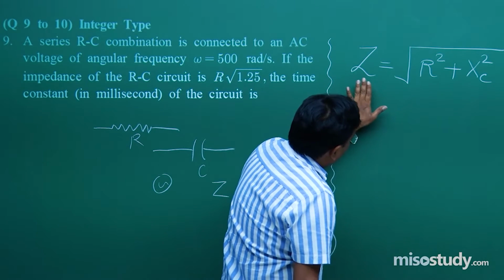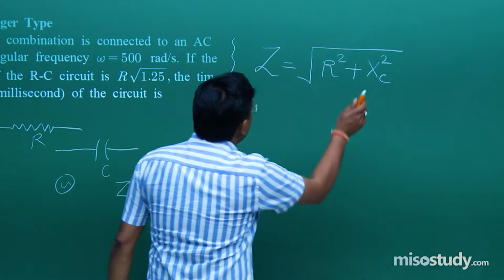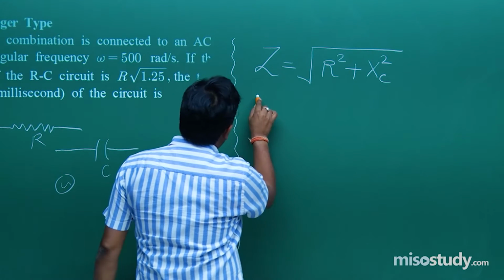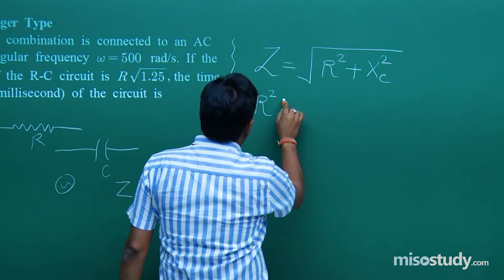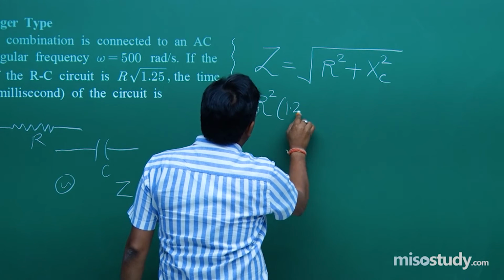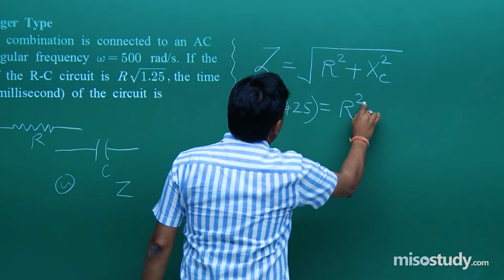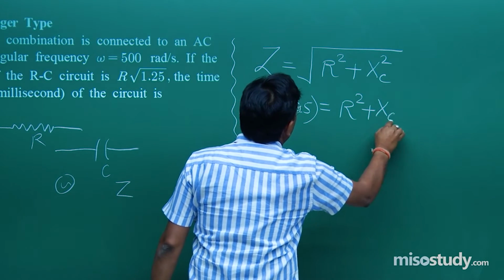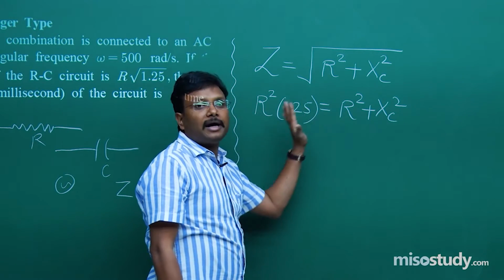So in place of this Z, I can put this R value. So I can say R square into 1.25 is equal to R square plus XC square. What I did? Put the value, squared both sides.